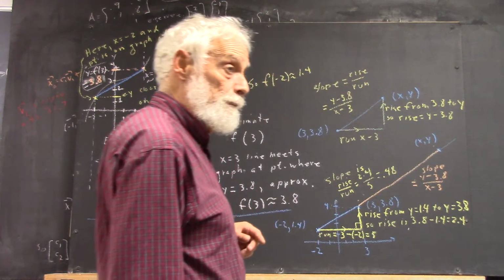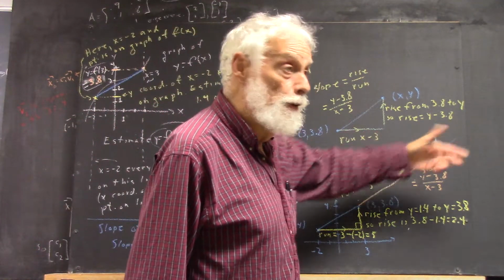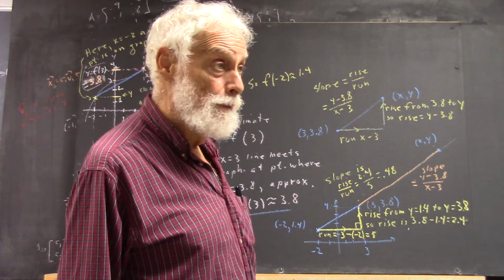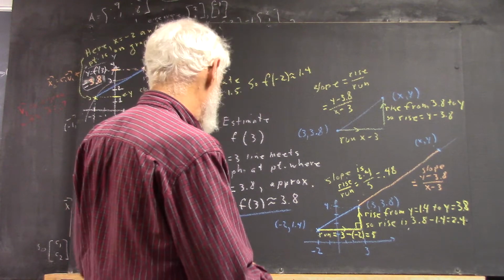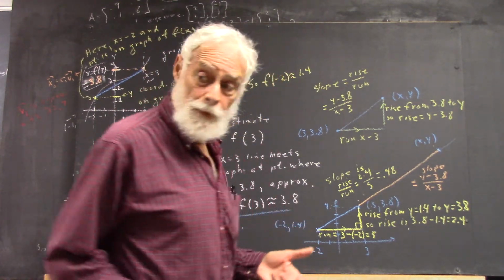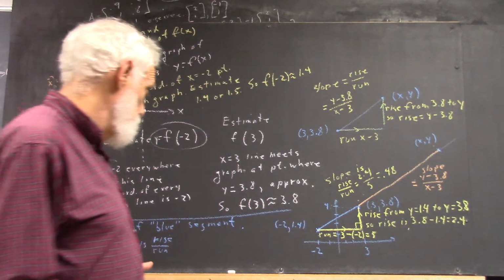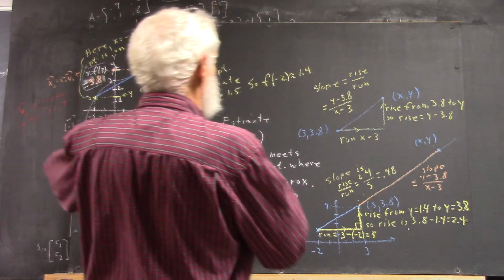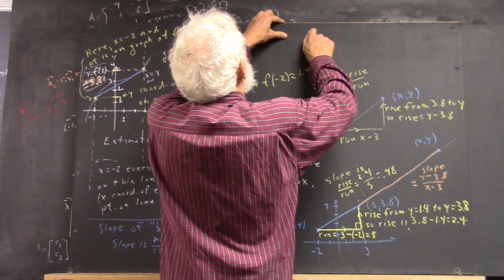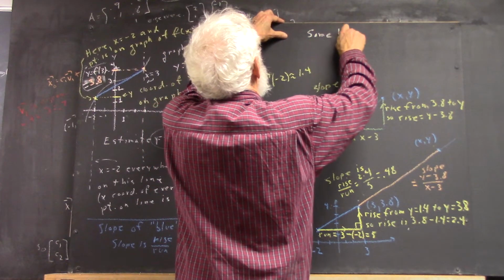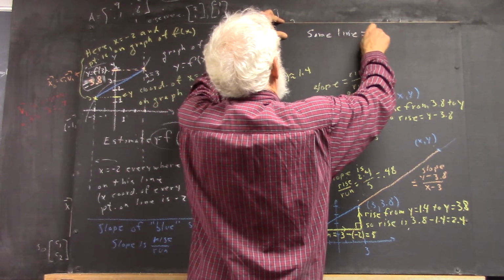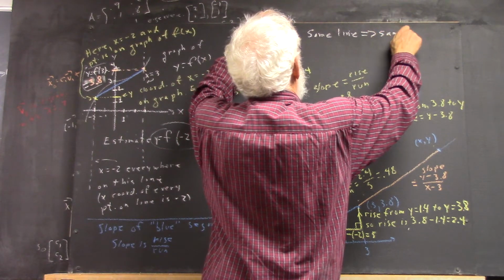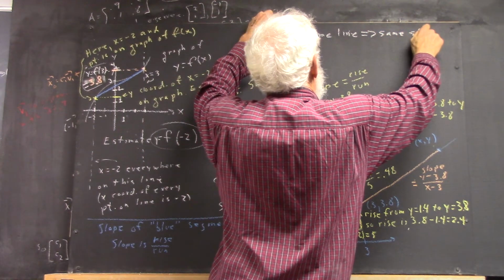Okay? Well, if it's the same line, the two slopes have to be the same, don't they? So the same line implies that you have the same slopes, and if I had a decent piece of chalk, I could write this out. Same line implies the same slopes.